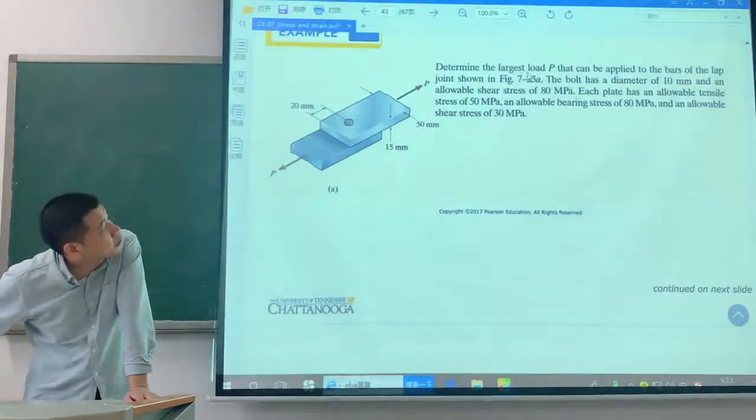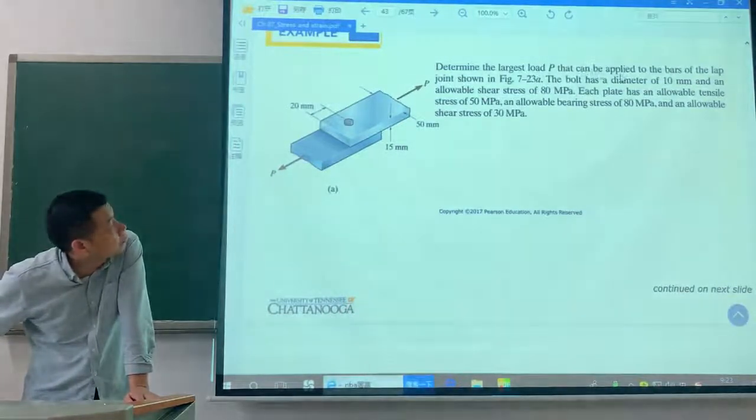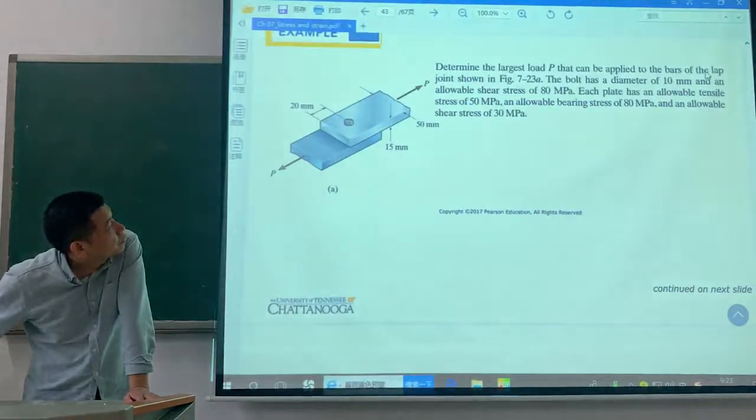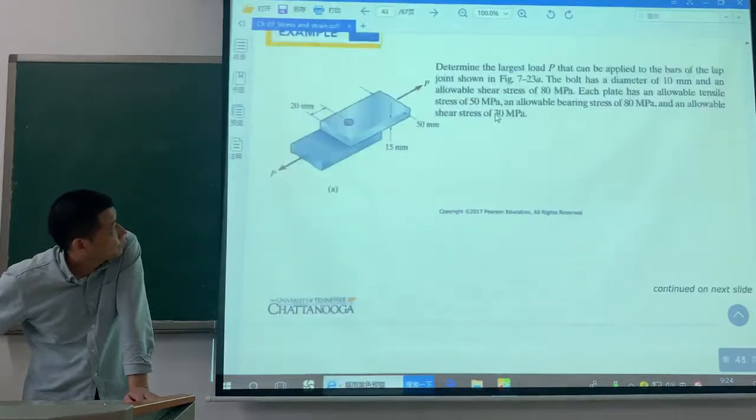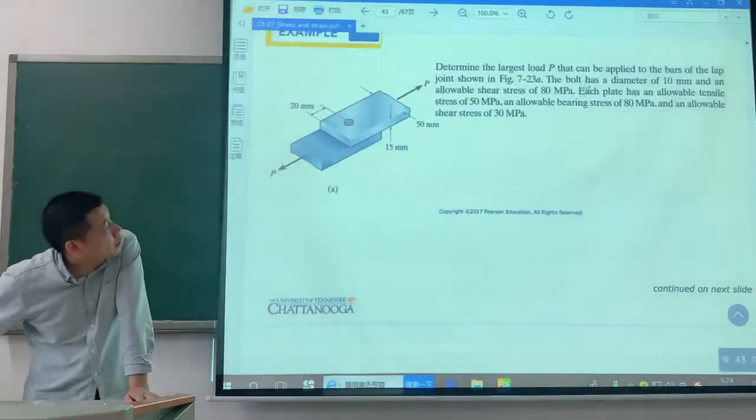Determine the largest load P that can be applied on the connection shown in the figure. In the figure, the bolt has a diameter of 10 mm and an allowable shear stress of 80.